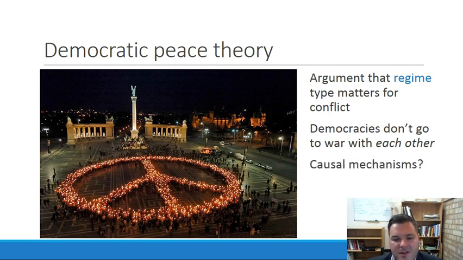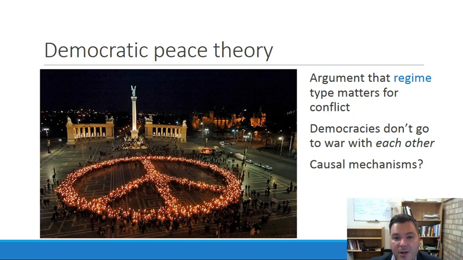So there's debate on this, but there's also debate on what the causal mechanisms would be. The most popular idea is that the people of a democracy will punish their leadership. They'll vote them out of office if they feel like the war is not justified.